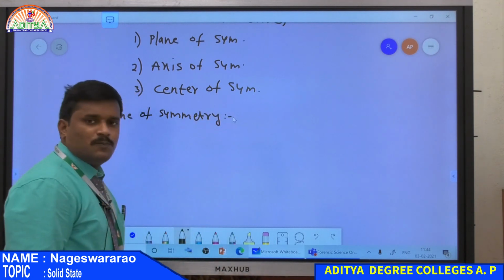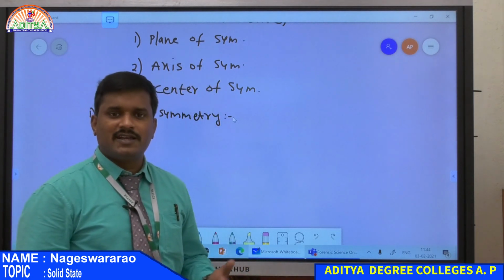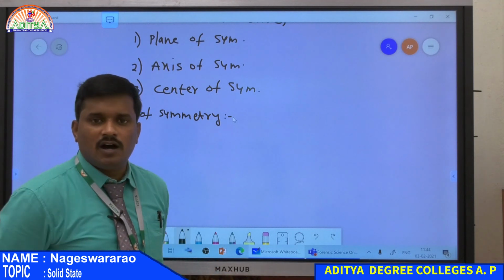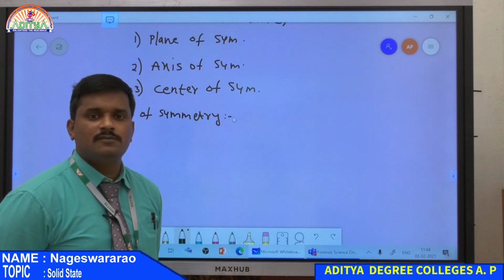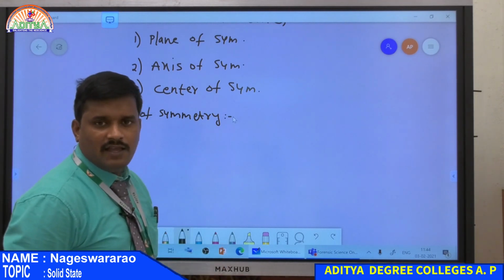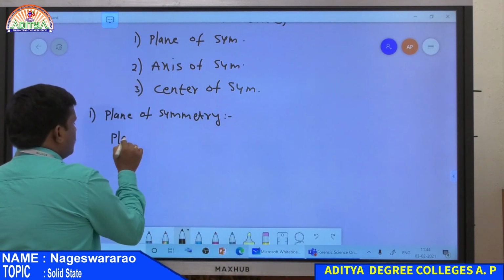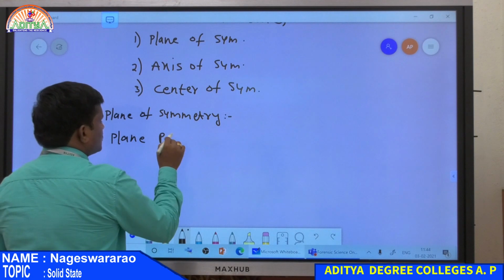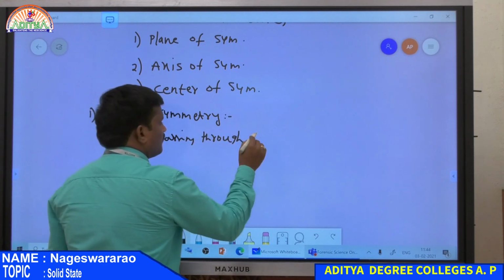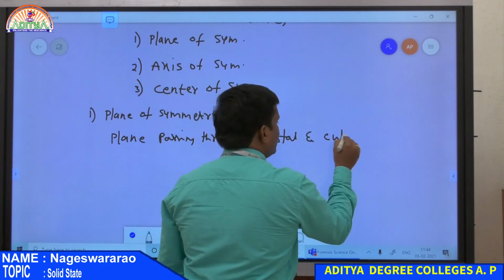Plane of symmetry is nothing but, imagine a plane which is passing through the crystal. If that plane cuts the crystal into two equal halves, then it is a plane of symmetry, or simply the crystal has a plane of symmetry. So what is the definition? A plane passing through the crystal and cutting the crystal into two equal halves.